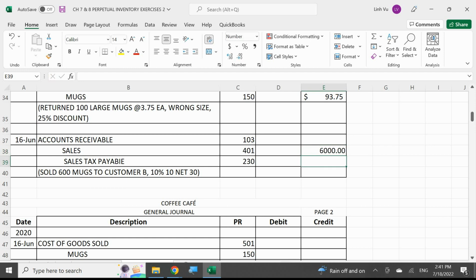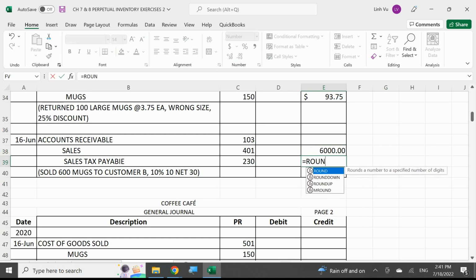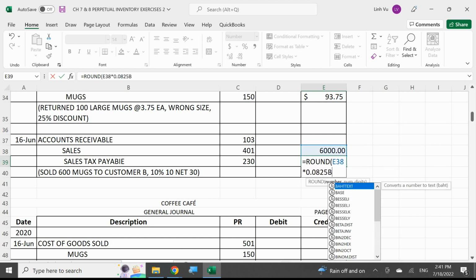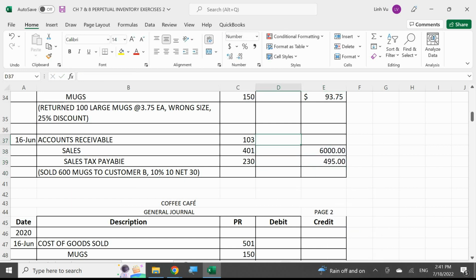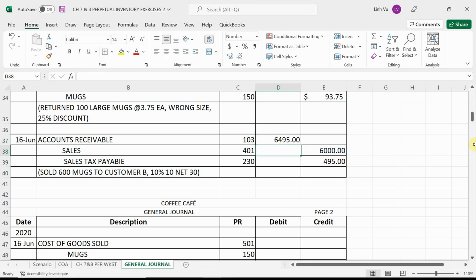And what is my tax? I have $495. Okay, so that means in grand total, I should have got $6,495. So right there, almost $6,500 worth of sales.